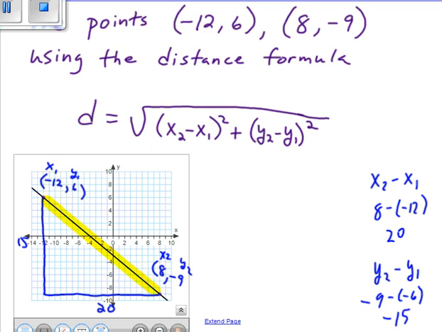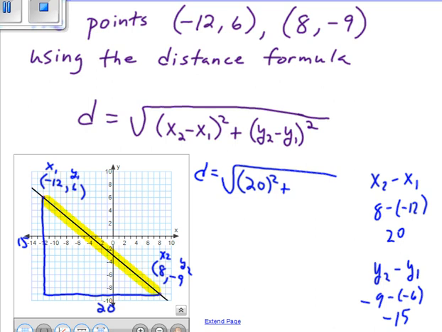So when I'm plugging into the distance formula, I would plug all that in there. You'll notice I got my x2 minus x1, I got 20. I'm going to square that, and then, again, this is the Pythagorean theorem, inside here, this is like your a squared plus your b squared, and take the square root of it all to get what c is. You want to know what c squared is, you want to know what c is.